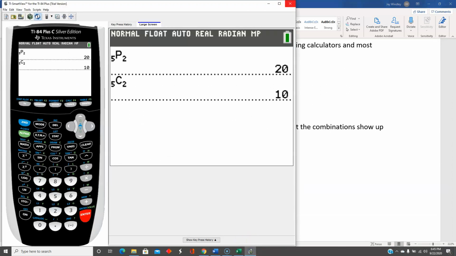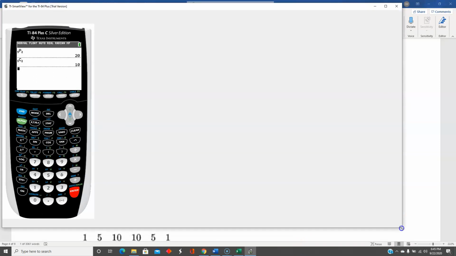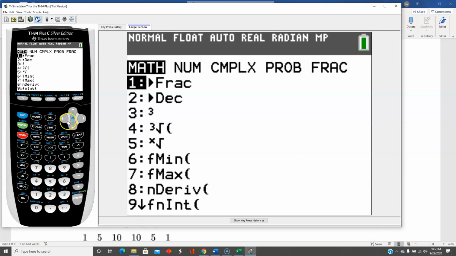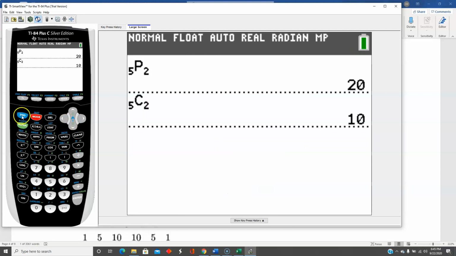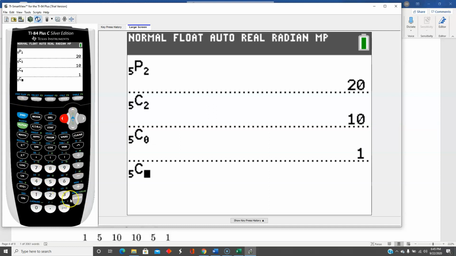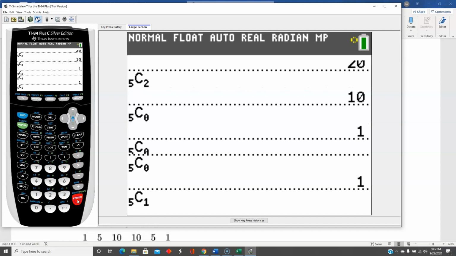So, for example, if I do 5 items taken 0 at a time, that's 1. If I do 5 items taken 1 at a time, that's 5.